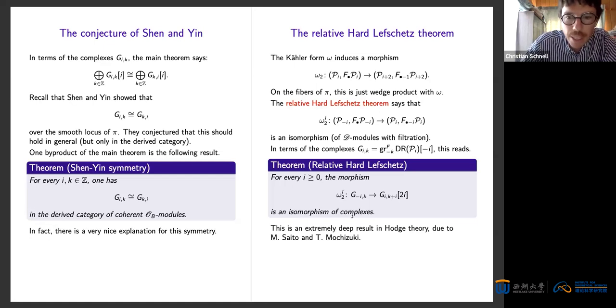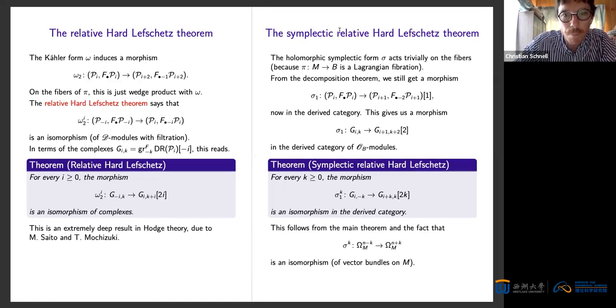Now interestingly, it turns out that there's a similar thing that I can do with the symplectic form. This relative hard Lefschetz theorem turns out to have an exact analog. So let's look at the symplectic form. Again, the symplectic form is a closed holomorphic 2-form, so it's a class in H^2 in particular.